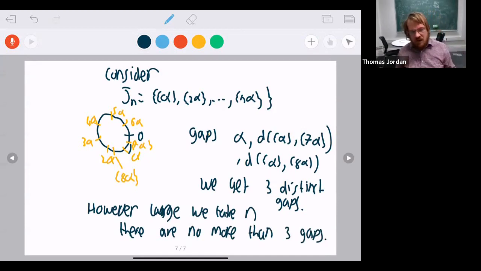So when I'm talking about gaps, I'm ignoring the order in the set J_n, but just looking at the closest points, so the distance between neighboring points for the points in J_n. So however large we take n, we never get more than 3 possible values for the gaps between points.